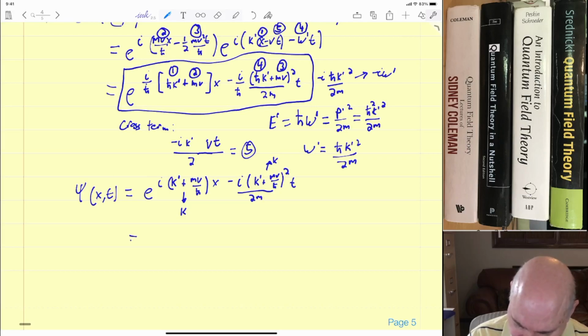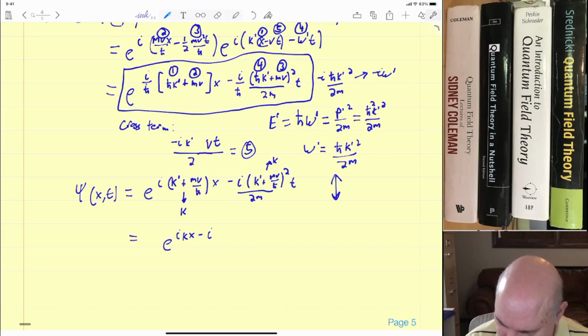So this is equal to e to the i k x minus i. And again, we established that in the same way, this is equivalent.